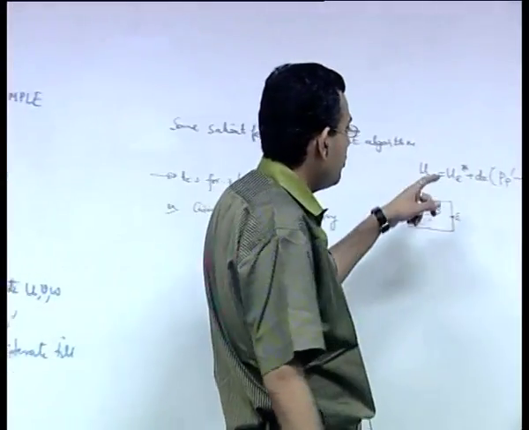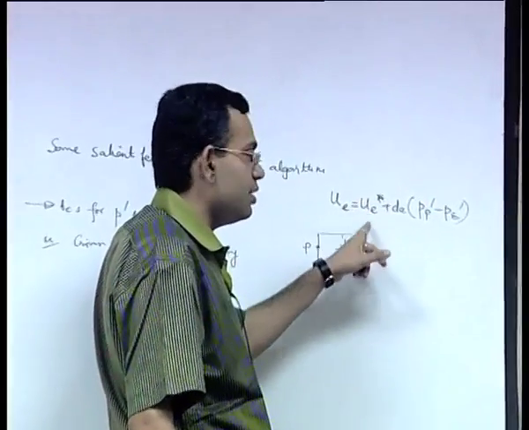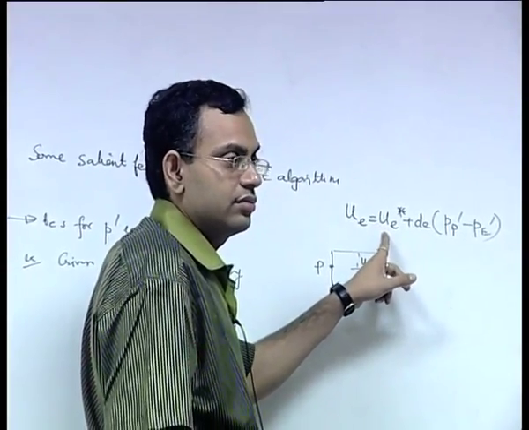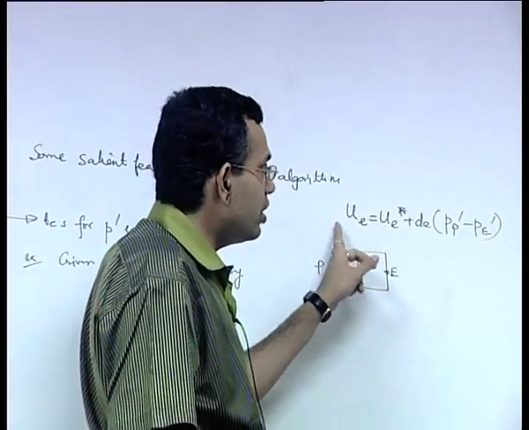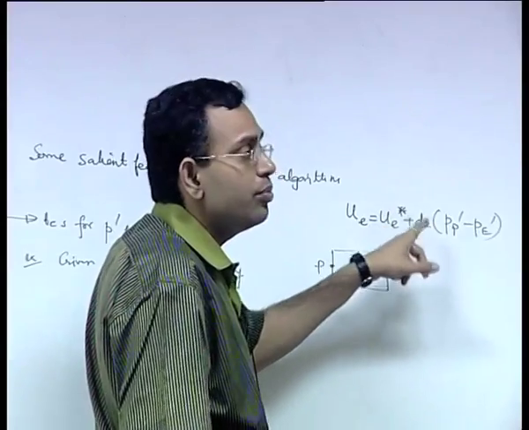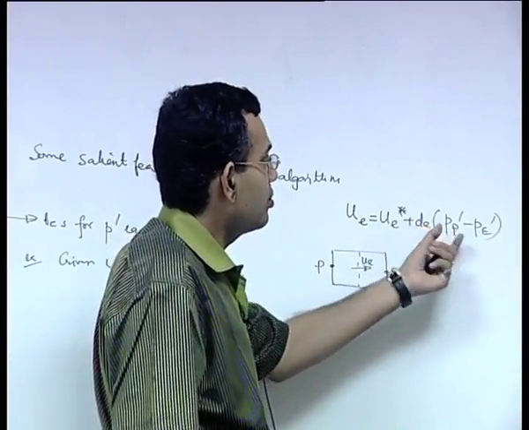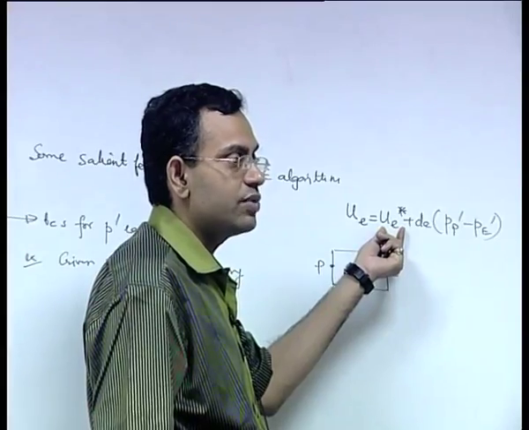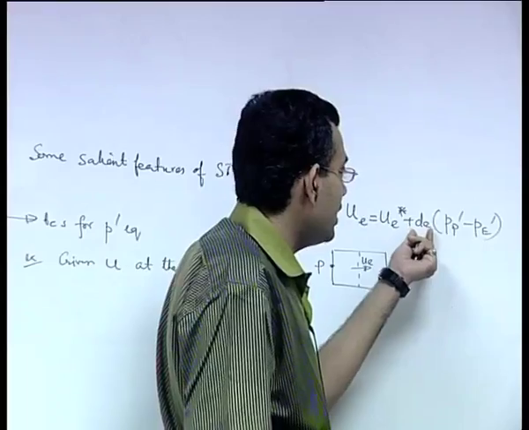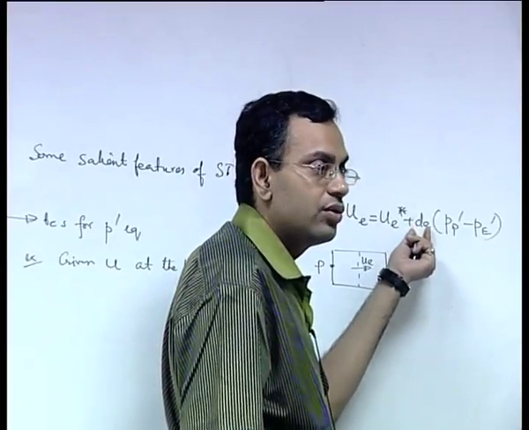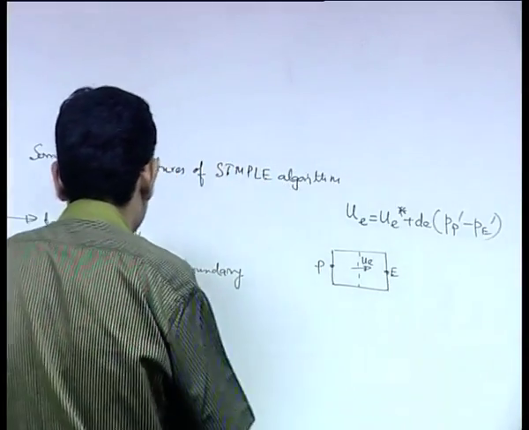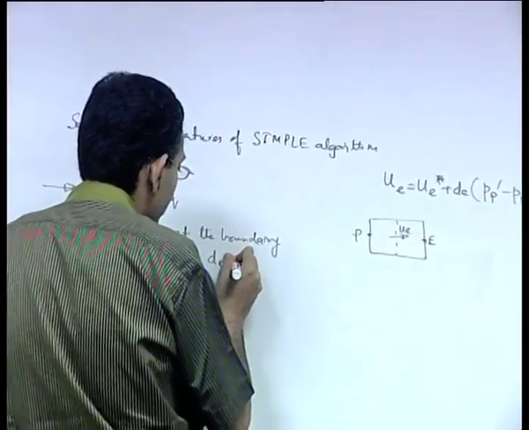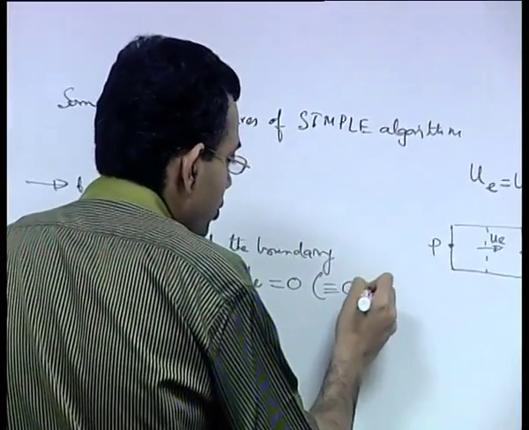See, when you have a given velocity at the boundary or wherever, then at that particular location you do not require any velocity correction, right. Since you do not require any velocity correction, but you may require pressure correction, these terms may be there, but you want u_e equal to u_e star as an example. If you have a specified velocity at E, that means that you must have d_e equal to 0, which is equivalent to a_e equal to 0.